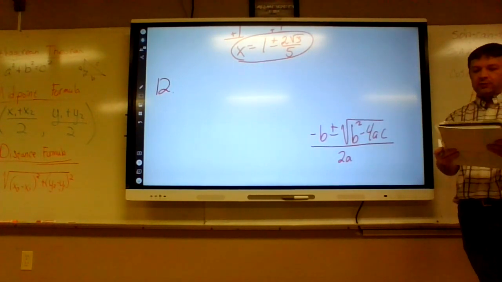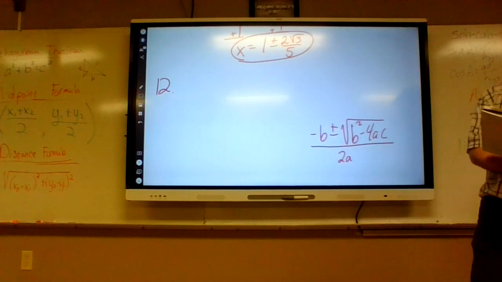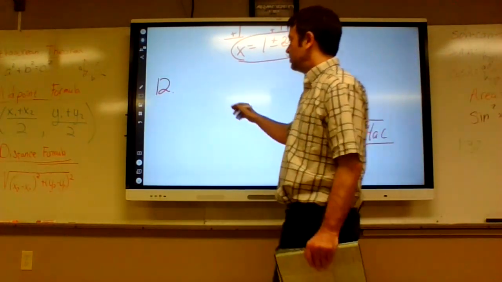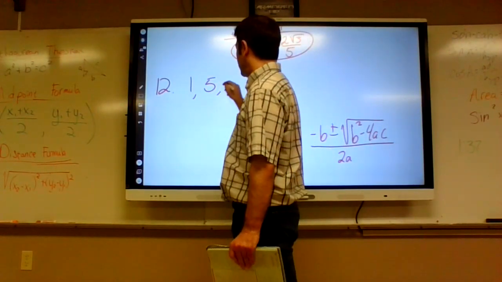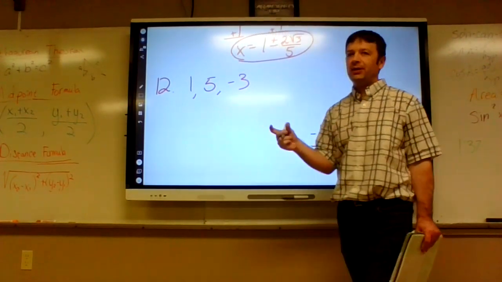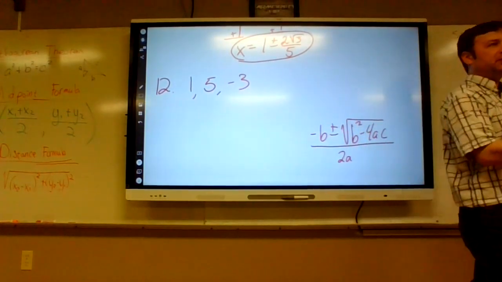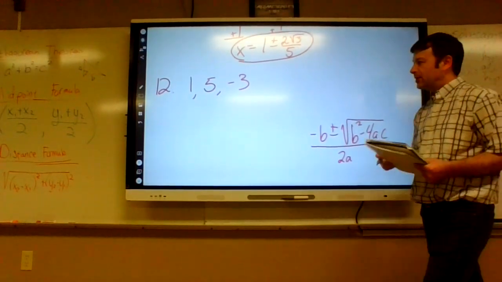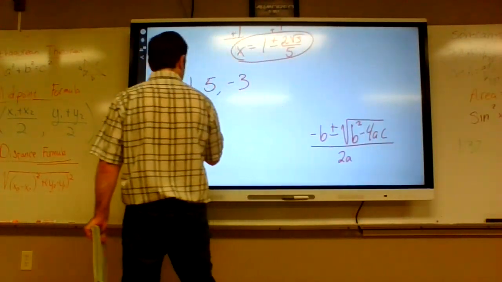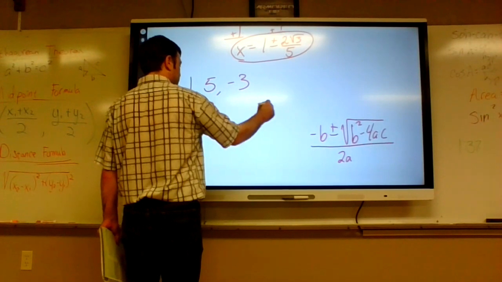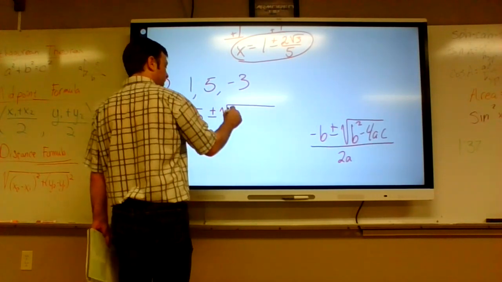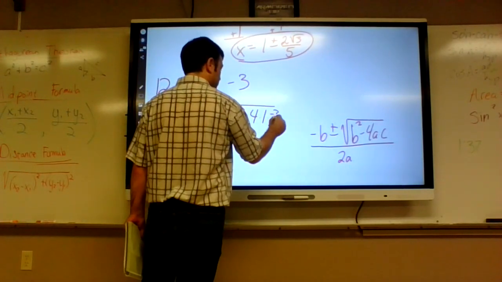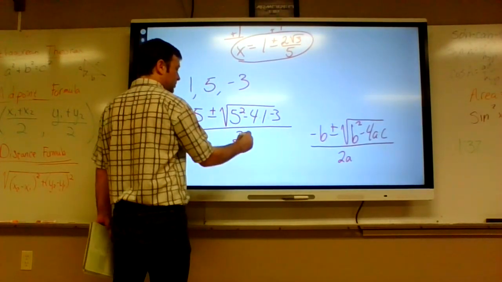Okay, so number 12, what's my a, b, and c? a is 1, b is 5, and c is negative 3, because the 3 is on the wrong side. You have to subtract 3 so it's on the left, so it's a minus 3 on the left. So negative b, so negative 5, plus or minus the square root of 5 squared, or 25, minus 4ac, over 2a.